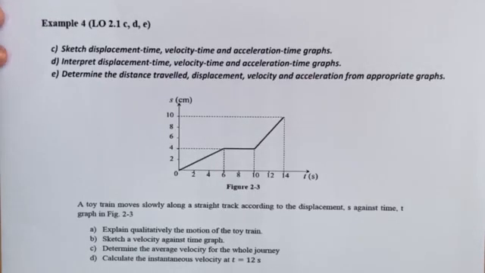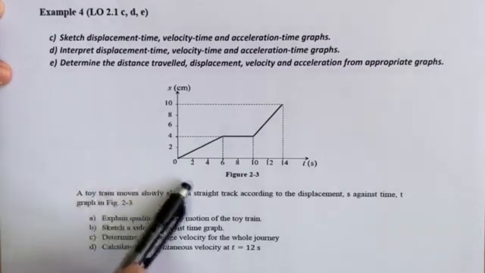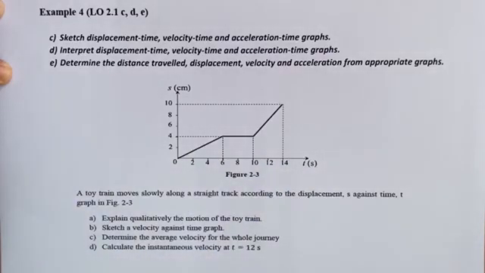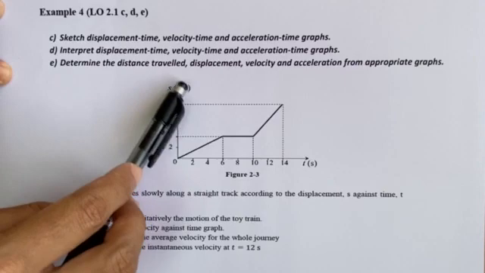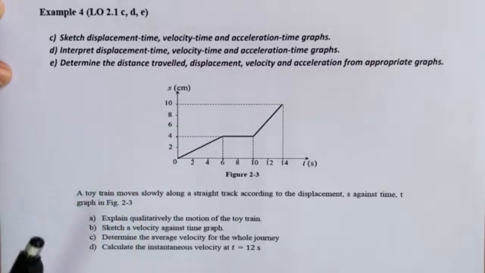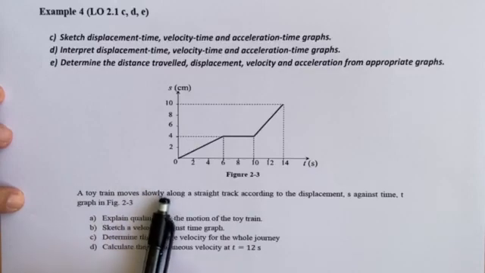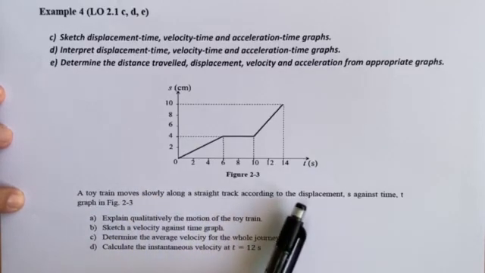Okay, let's get into the question for example number 4. As you can see here, you are given a graph of displacement against time. We ought to read the question first in order to decide whether this is a displacement or a distance. A toy train moves slowly along a straight track according to the displacement.